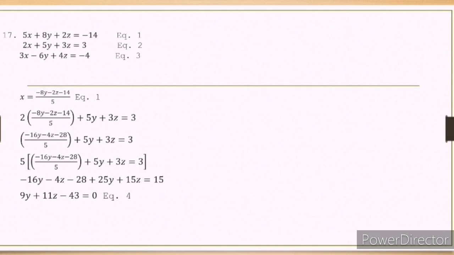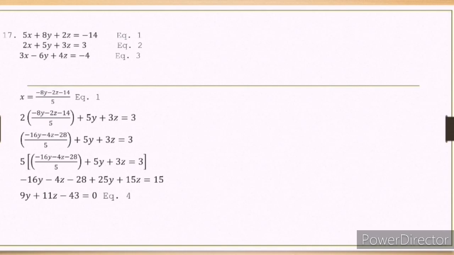So first, we have to substitute equation 1 to equation 2. So x is equal to negative 8y minus 2z minus 14 over 5.